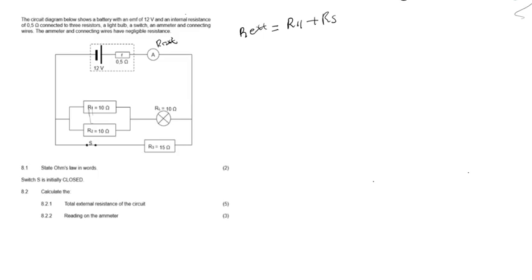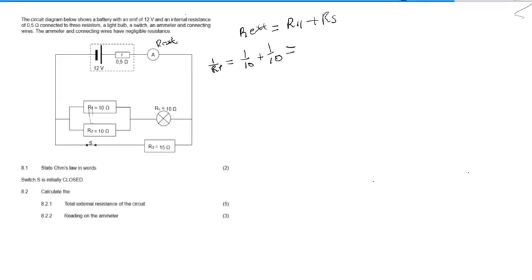Okay, let's start by combining R1 and R2. 1 over RP is equal to 1 over 10 plus 1 over 10. If you combine 1 over 10 plus 1 over 10, this should give you 1 over 5.